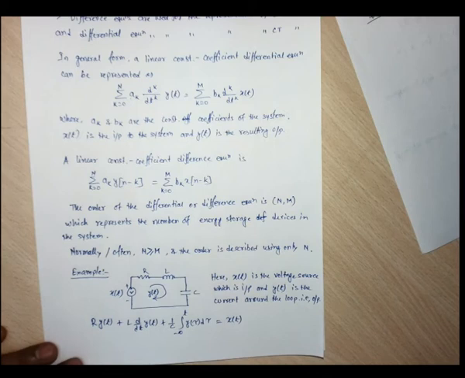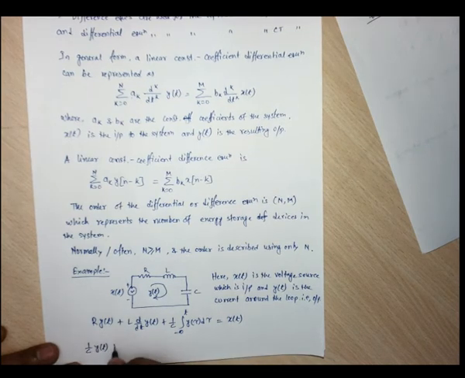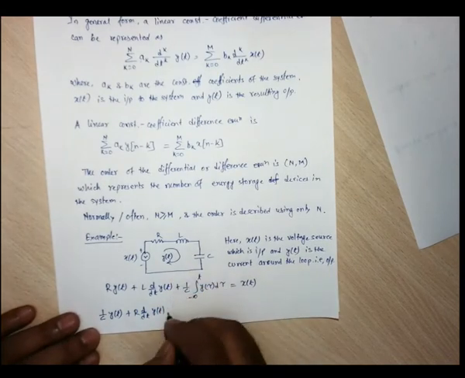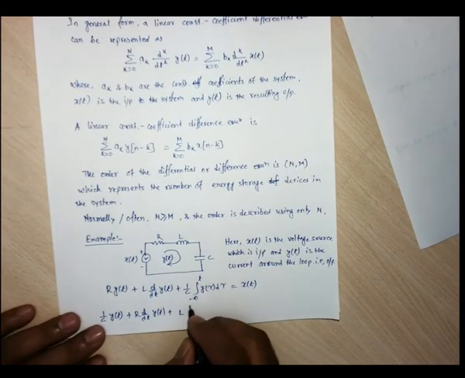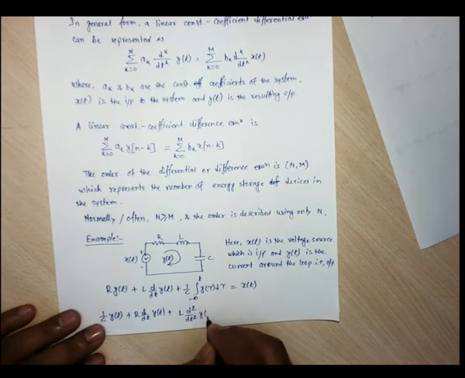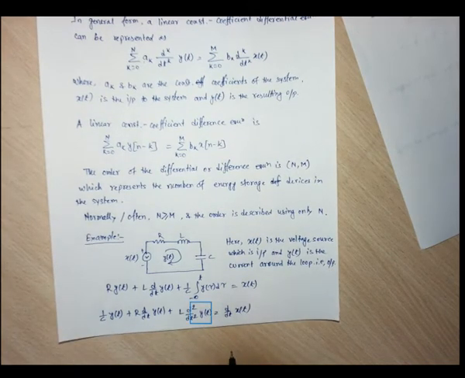Current is flowing like this. If you differentiate both sides, we can write 1/C y(t) plus R d/dt of y(t) plus L d^2/dt^2 of y(t) equals d/dt of x(t).